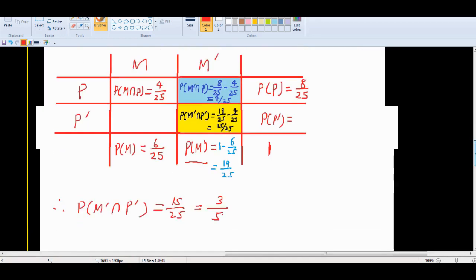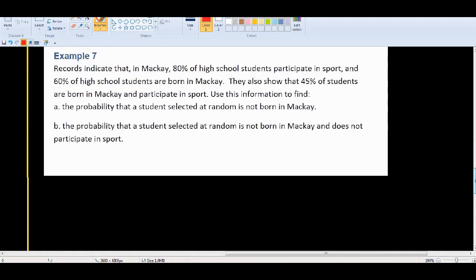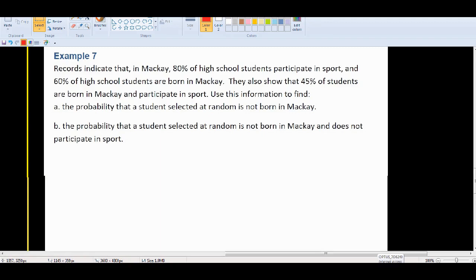Okay, let's have a look at the last question. This question is about the students in Mackay. We know that 80% of high school students participate in sport in Mackay, and 60% of high school students are born in Mackay.